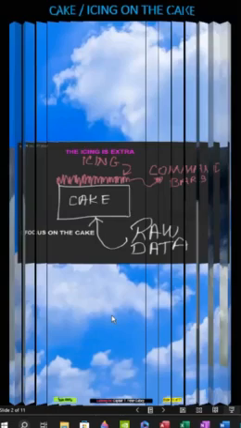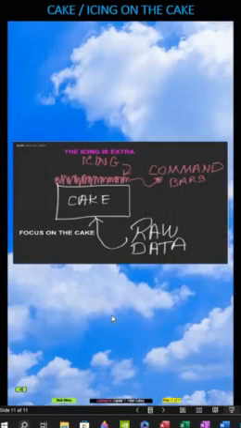The last thing we want to show you here is, think of raw data as a cake and the magenta as being the icing. The icing on any cake is the extra. So the extra has to be synchronized with the computed.